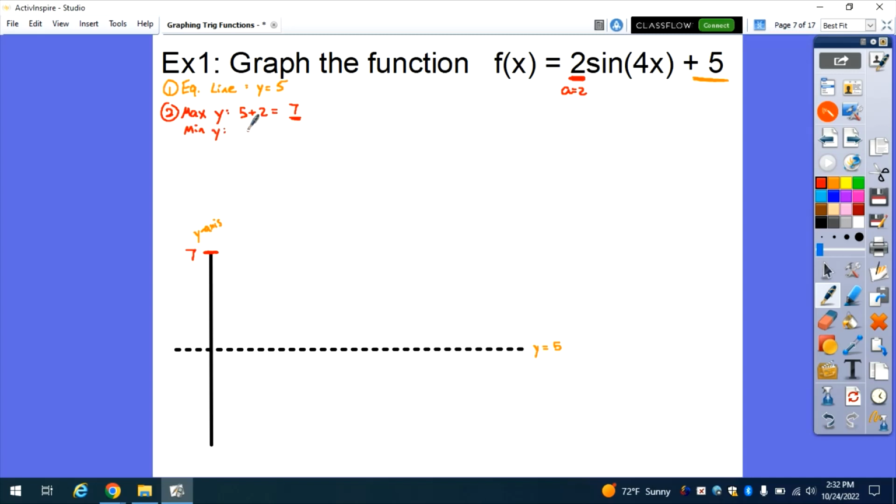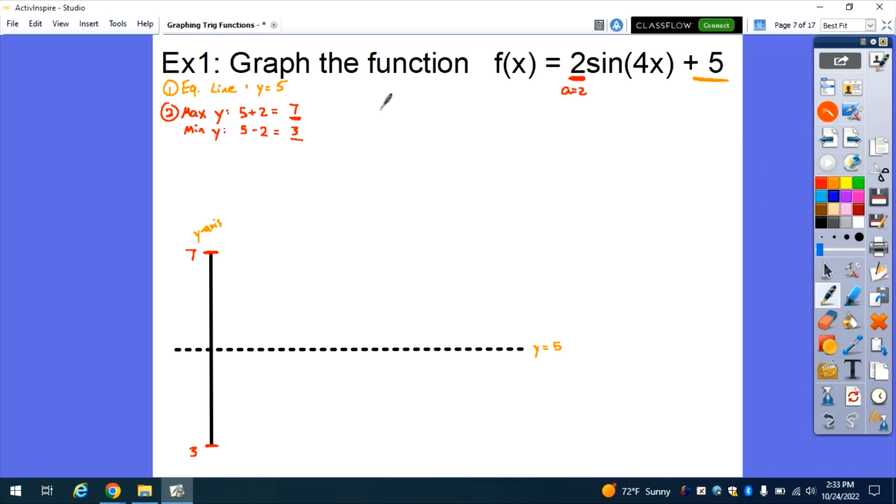Our minimum y, we subtract. So 5 minus 2 equals 3. So the bottom of my graph is sitting at 3. So we added 2 to get to the top, minus 2 to get to the bottom. 5 plus 2 is 7, 5 minus 2 is 3.